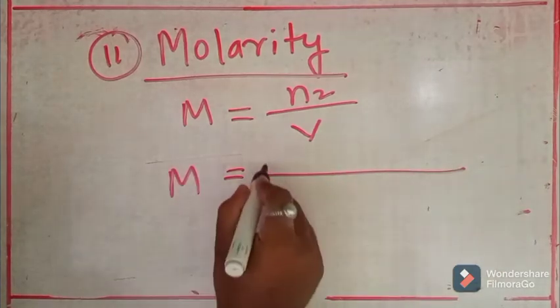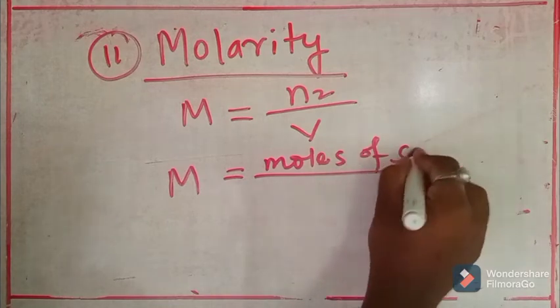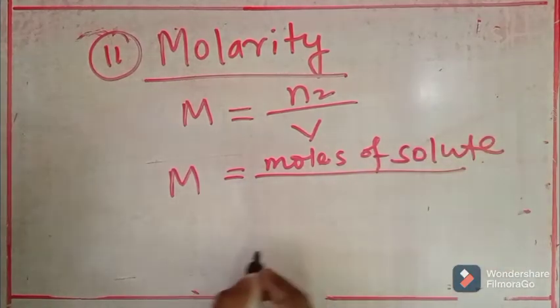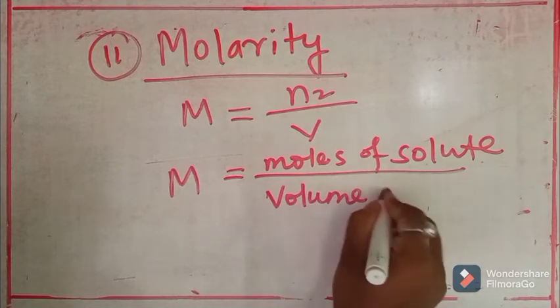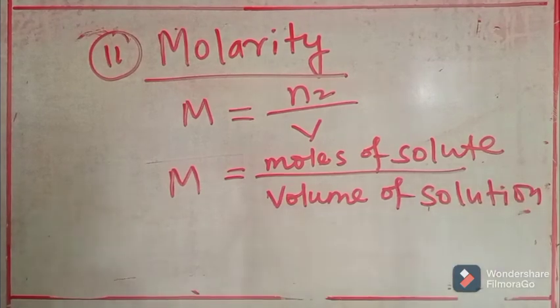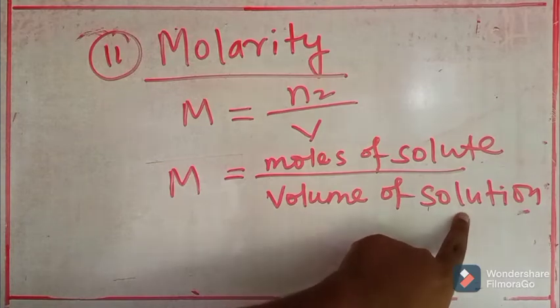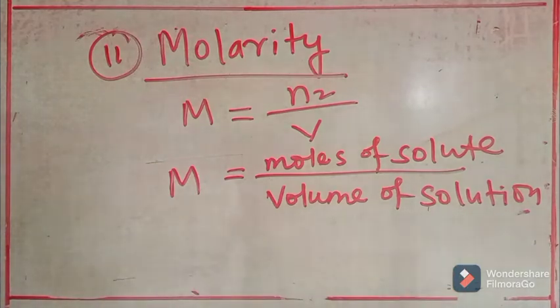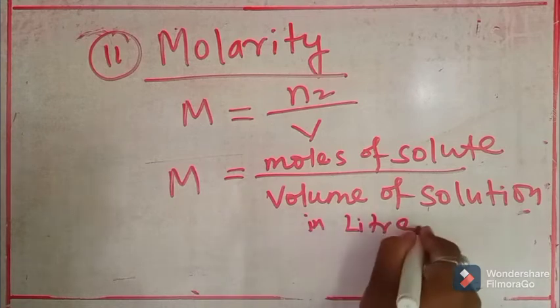So we can write M equals moles of solute by V, where V means the volume of the solution. Remember these things: volume of solution, highlight this, and that is in liter.